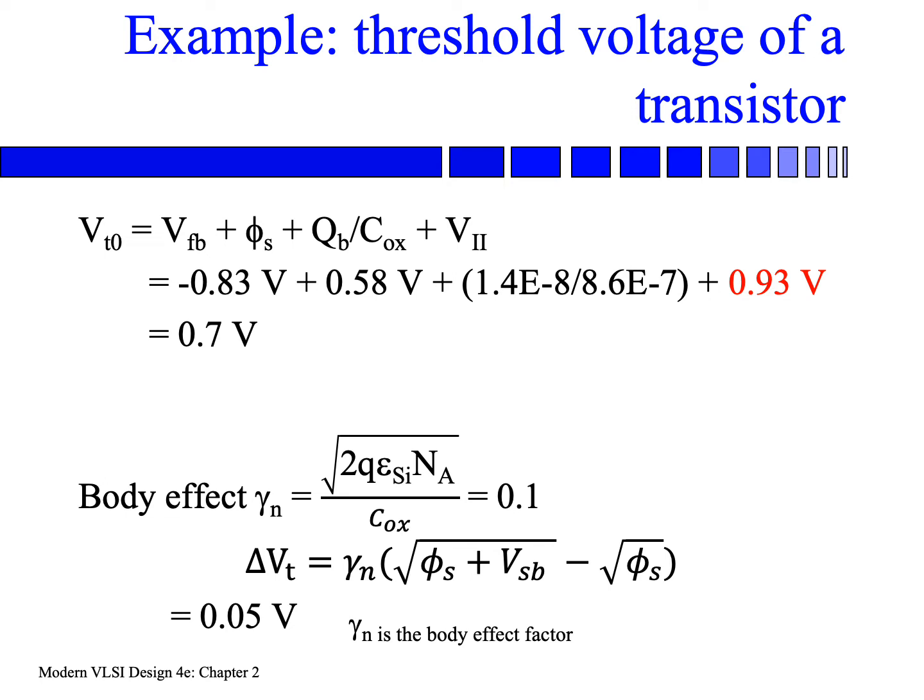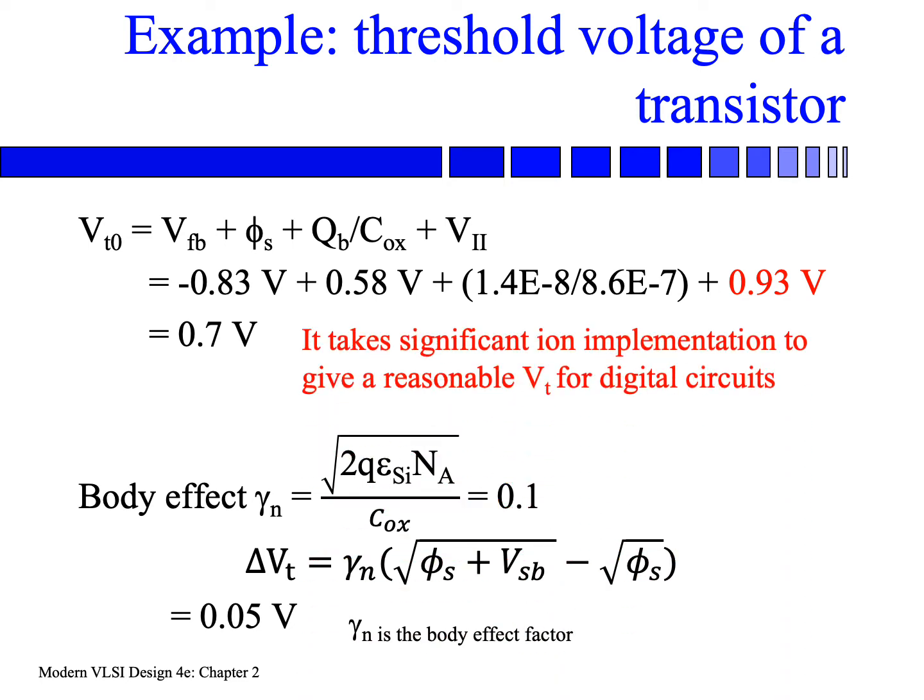You can see the ion implantation sometimes can significantly change the final value of the threshold voltage. That's why it is important, because we can use this ion implantation to design the specific threshold voltage we want.